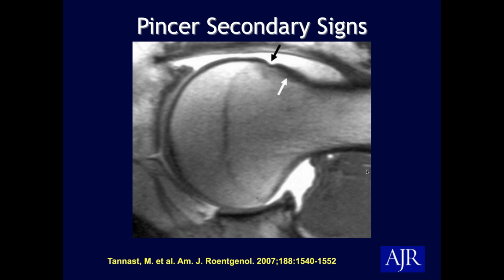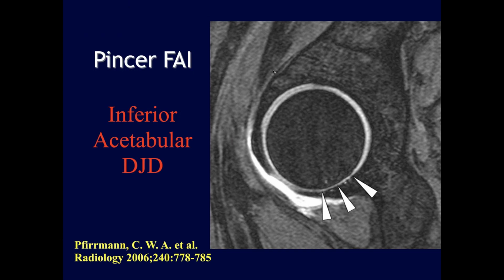Now, secondary signs that you can see with pincer type impingement is an irregularity of the posterior inferior head neck junction, as we're seeing here, especially this little divot in it. Personally, I don't find this very helpful, but this is a sign that has been described in pincer type impingement.